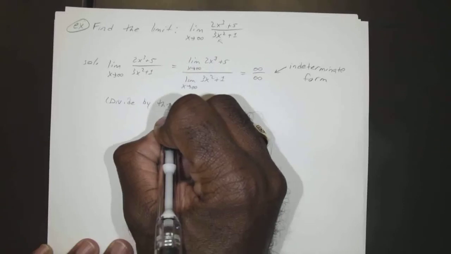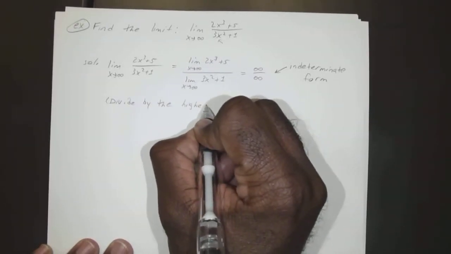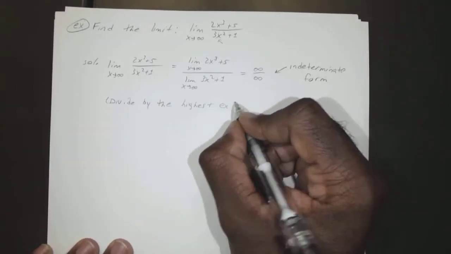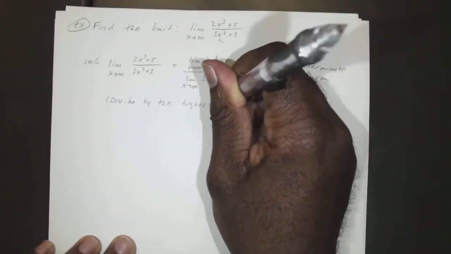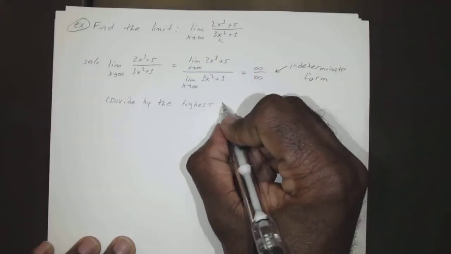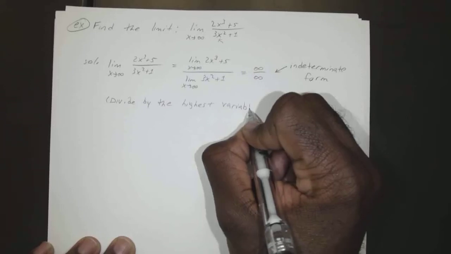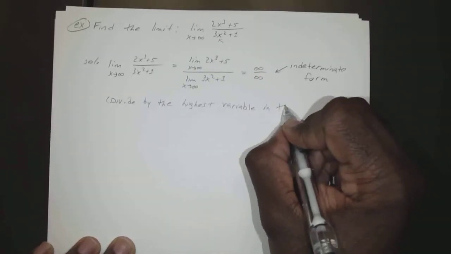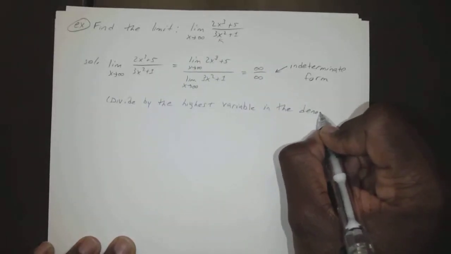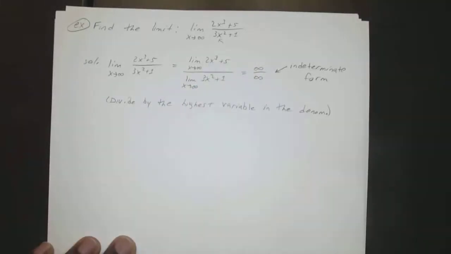By highest variable and exponent. So for this one, you're going to divide everything by x squared.